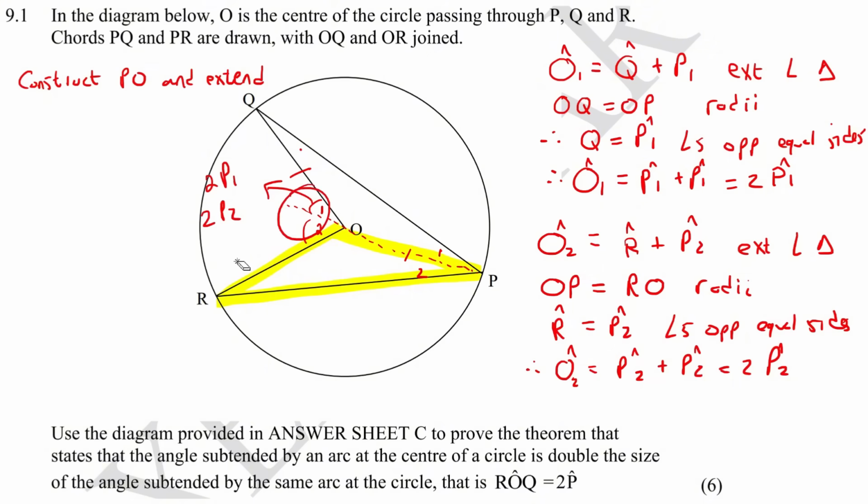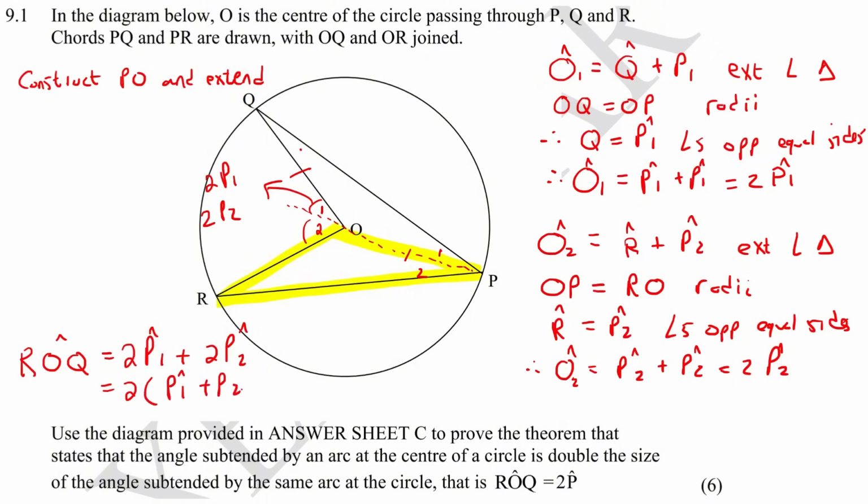What would this whole angle O be? So angle O, or let's call it ROQ, so it's this whole angle, is then going to be equal to 2 times P1 plus 2 times P2. And so if you take out a 2 as a common factor, then it's going to be 2 times angle P1 plus P2. Now look at that carefully.